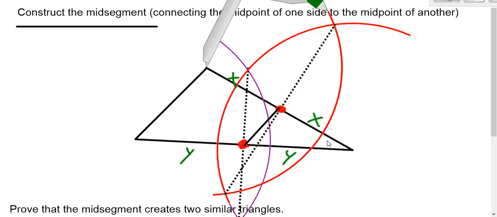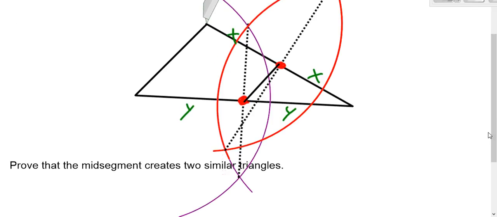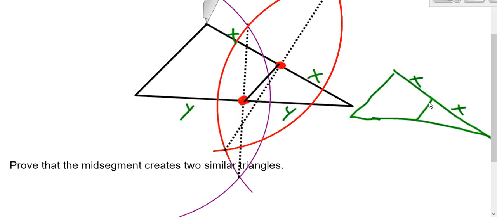So since the midpoint splits it into two congruent sides, if we got rid of all those other lines, it would just look kind of like this. We said X, X, Y, and Y, just to simplify our drawing for a second.